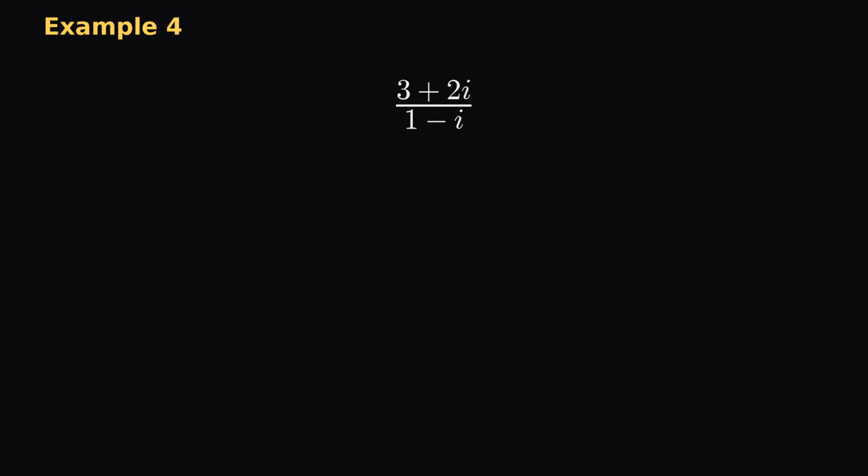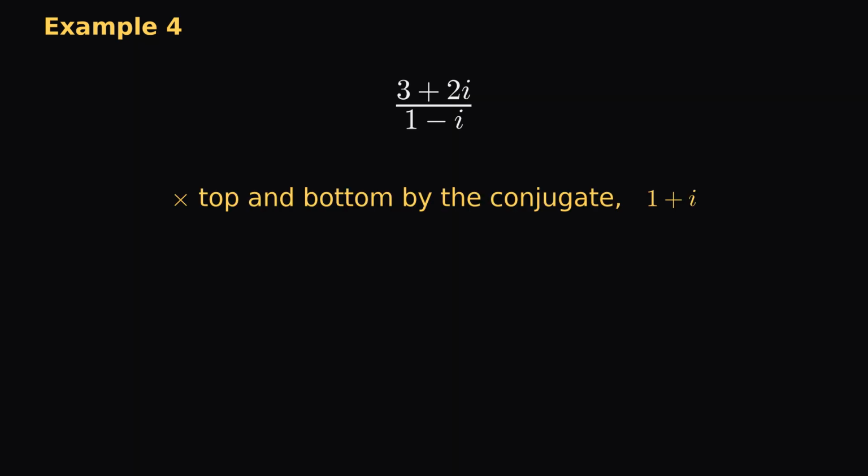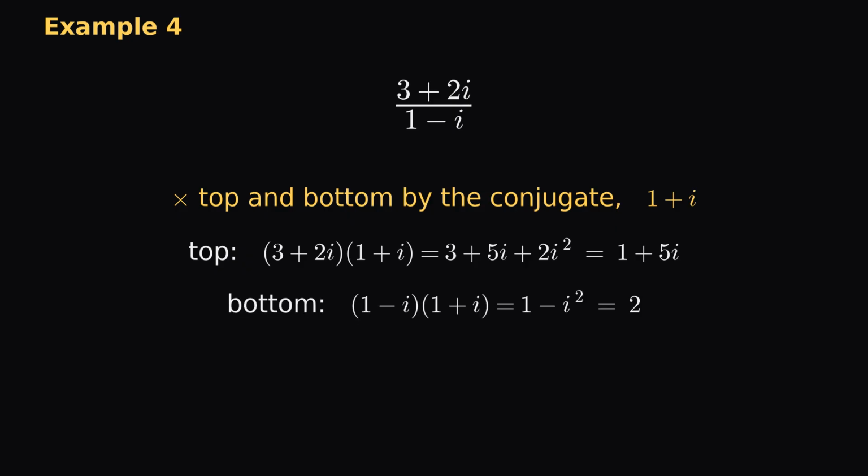Example 4. Divide. 3 plus 2i over 1 minus i. You can't leave an i on the bottom, so multiply top and bottom by the conjugate of the bottom. 1 plus i. Top: 3 plus 2i times 1 plus i. 3 plus 3i plus 2i plus 2i squared. The 2i squared is minus 2, so 3 minus 2 is 1, and 3i plus 2i is 5i. 1 plus 5i.